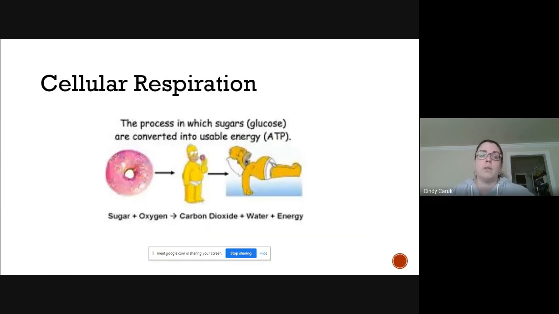All right. So cell respiration, we're going to focus first on glucose being converted to usable energy, ATP. So ATP releases about 7.3 kilocalories of energy. It has about 15 kilocalories of energy, so the remainder is lost as heat, so about 7.3 is usable.